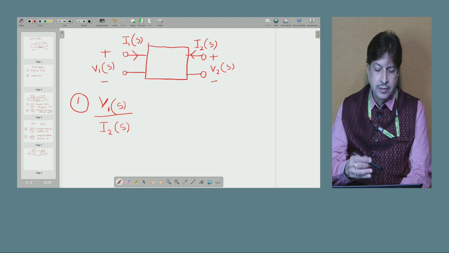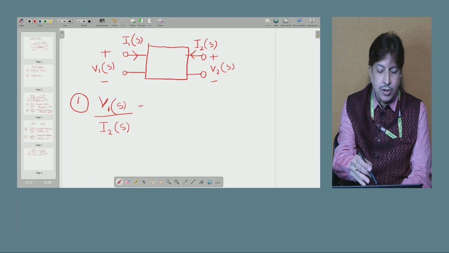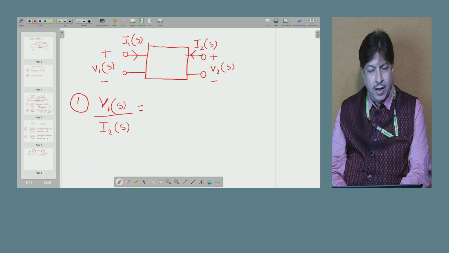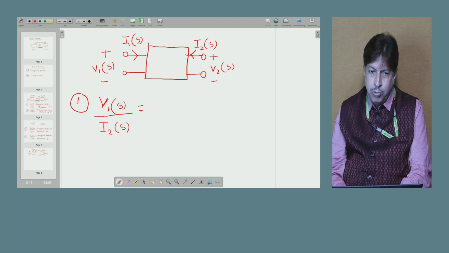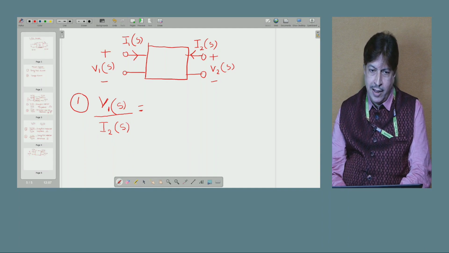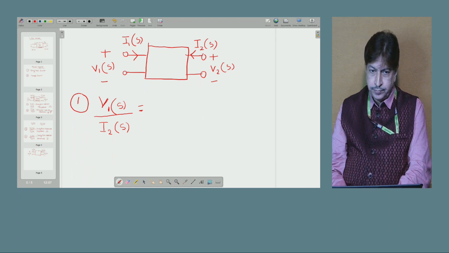Then, which type of transfer function is it? Now, understand carefully. Whenever the numerator belongs to the input side and the denominator belongs to the output side, we call that transfer function a reverse transfer function.